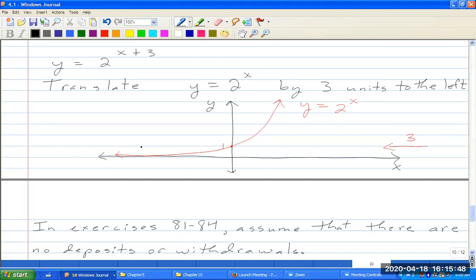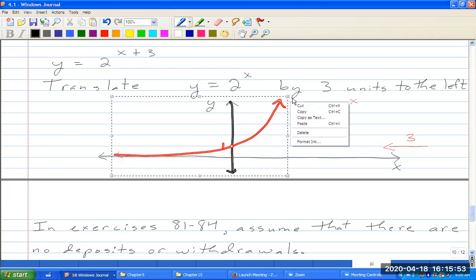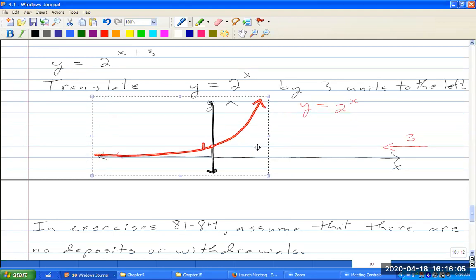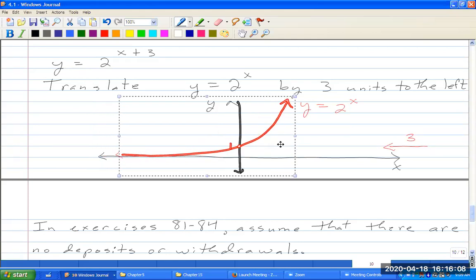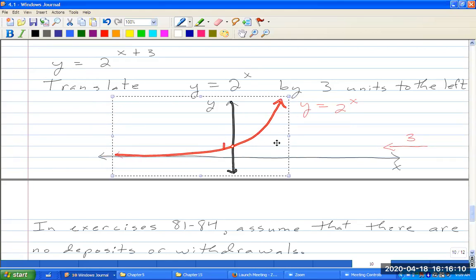Oh, actually, maybe I'll do that. Let's copy this and see if I can move it. Oh, it doesn't let me copy it.